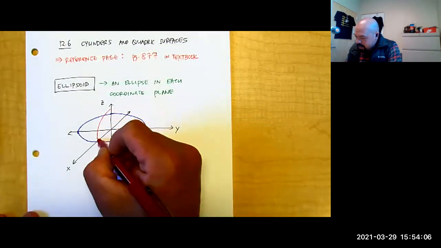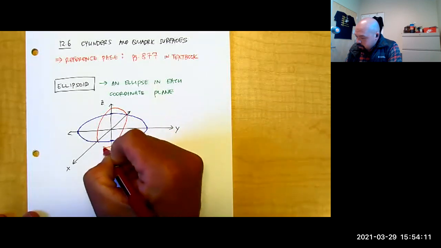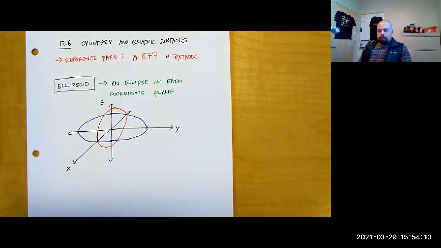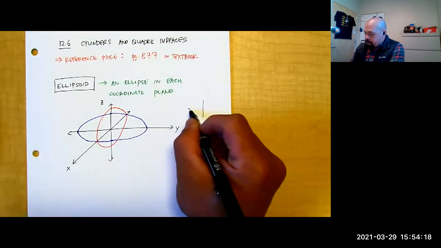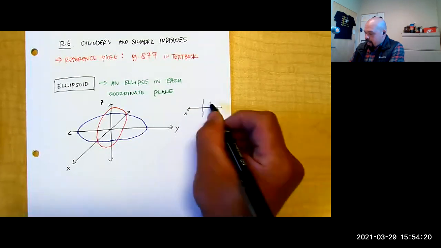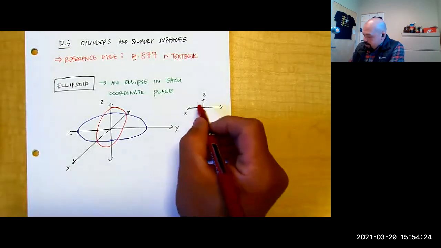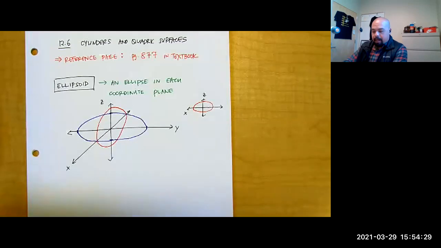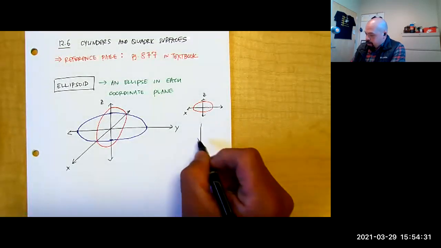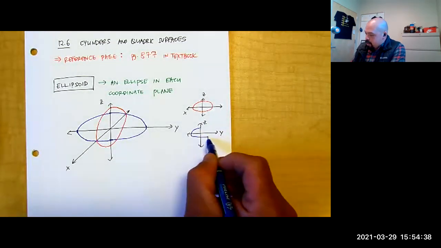So in that xz plane, maybe it looks like so. Okay, maybe off to the side here I can draw that. This is like my xz plane. We're going to have an ellipse there, right? What we had just mentioned. In that YZ plane, we'll have an ellipse there.